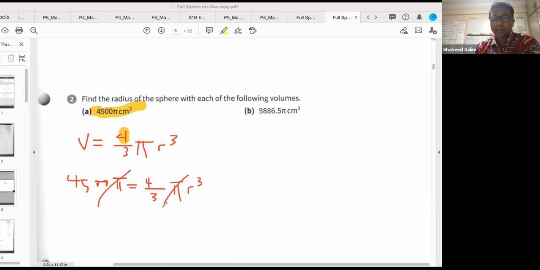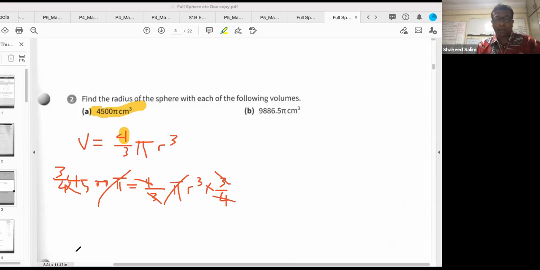Okay, so we cancel. And then you want to get rid of the 4/3, times 3/4. Cancel. Then you must also times 3/4 here. So now we could try that. 3/4 times 4,500, which is 4,500 times 3 divided by 4.